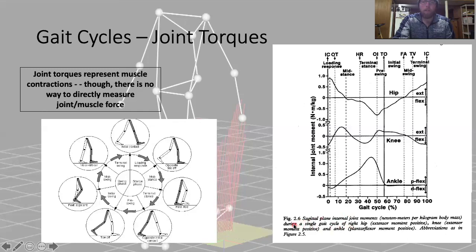So we're looking at a single gait cycle of the right hip. Extension is going to be positive. Let me get out my guy here. This might be easier.